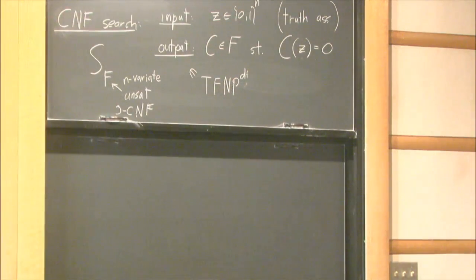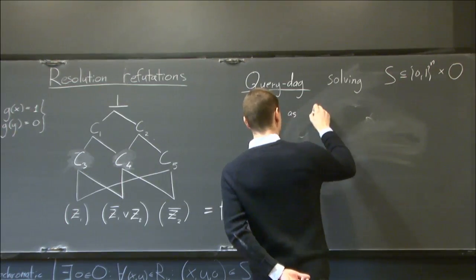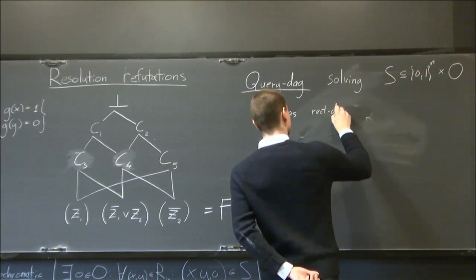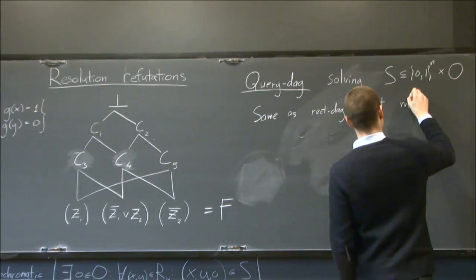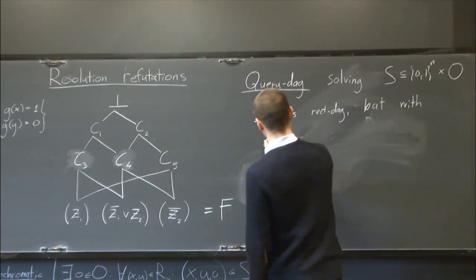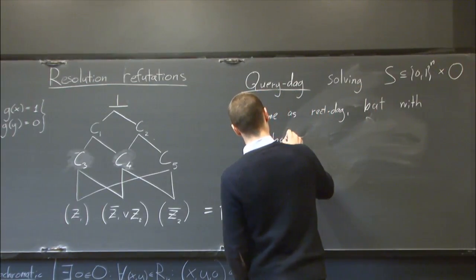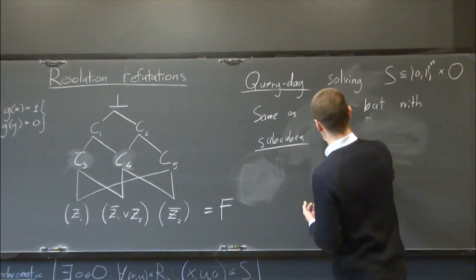Okay, so now I want to define this query DAG, and it's the same definition I gave, but you just replace rectangles with subcubes. So the feasible sets are subcubes.